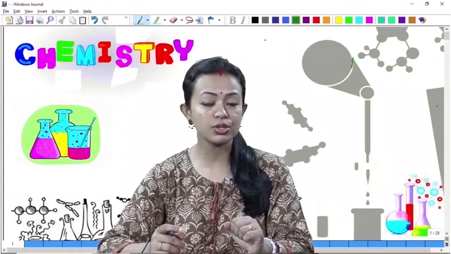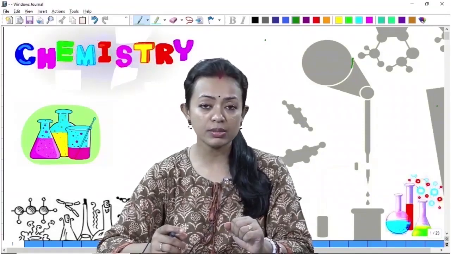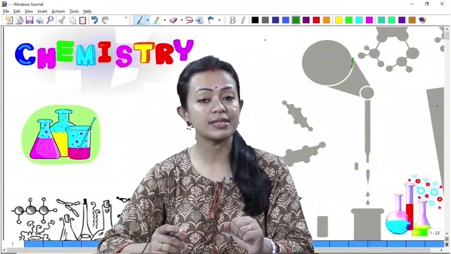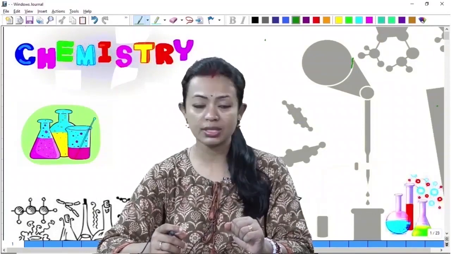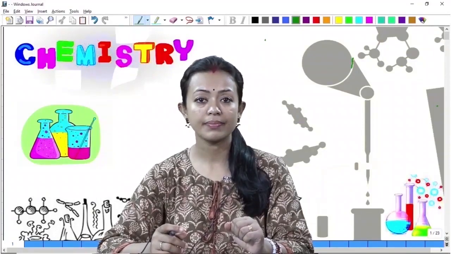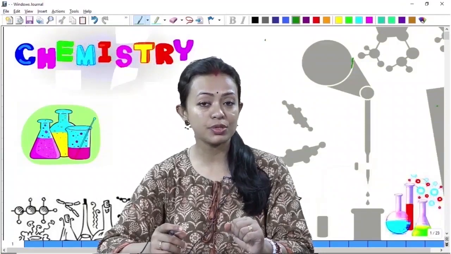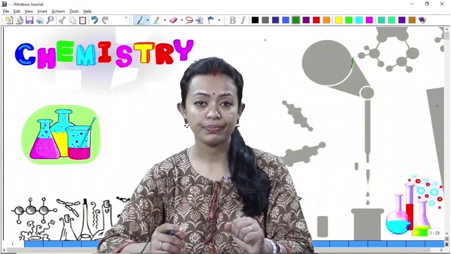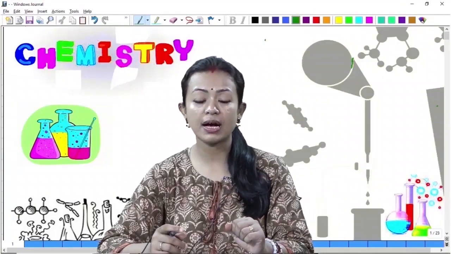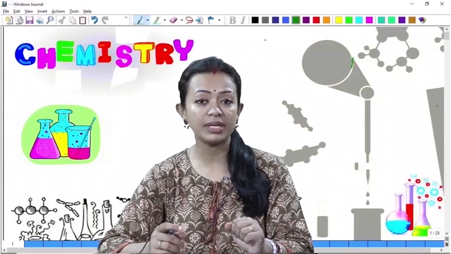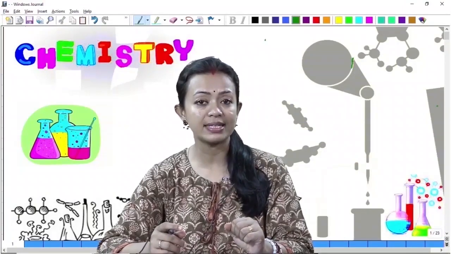What are true solutions? These are homogeneous mixtures. The size of the particles is very minute. You cannot see them with your naked eyes, and it becomes difficult to see them even through a microscope. The size of the particles is in the range of 1 nanometer, that is 10 to the power minus 9 meters.